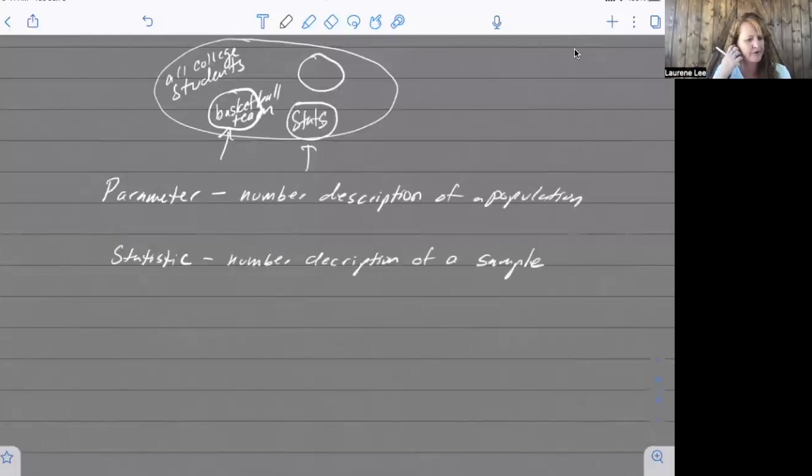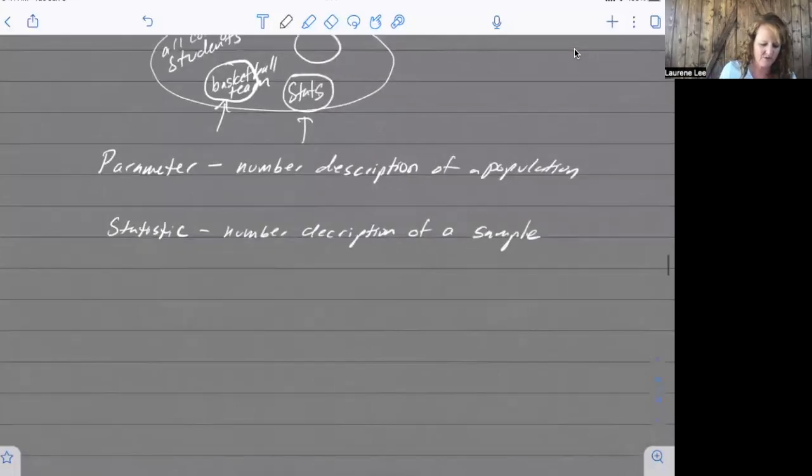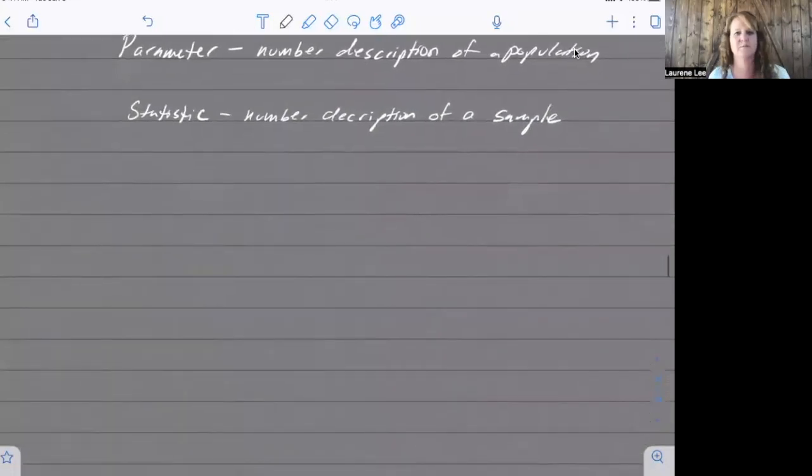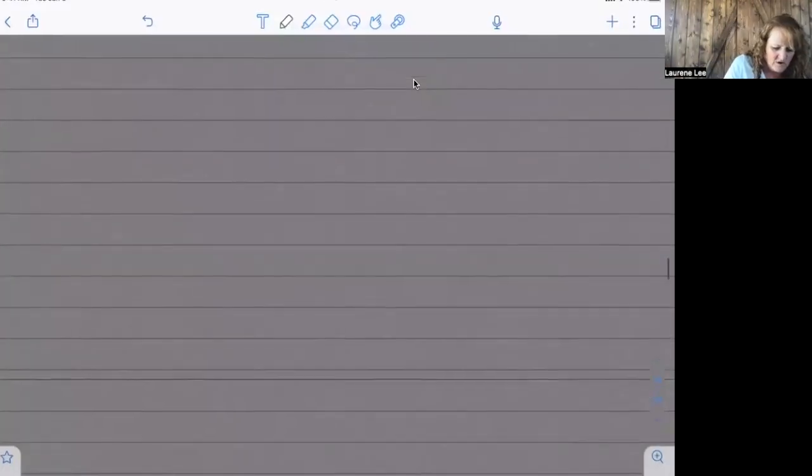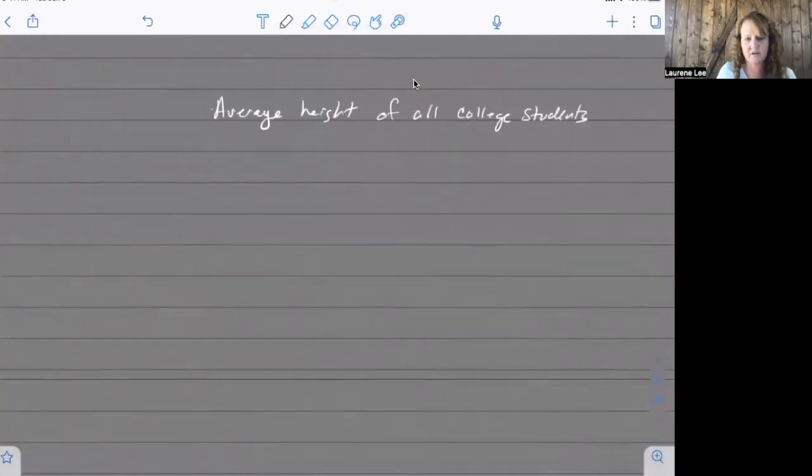So let's run through our whole example and talk about each of these vocab words together, and I'll give you a specific example of parameter and statistics. So let's say we want to know what is the average height of all of our college students at one particular college.